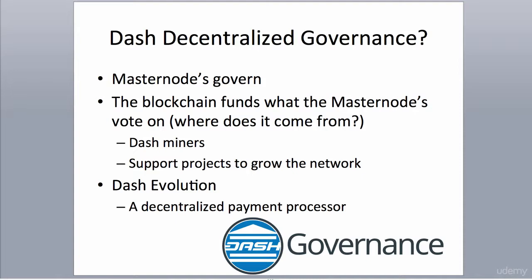Where do the funds come from? They just don't magically appear. The funds come from Dash miners. If you remember from an earlier lecture, the masternodes get paid 45% of what Dash miners mine. 10% of what Dash miners mine goes to the Dash Treasury, which I'm going to be discussing in the next lecture.